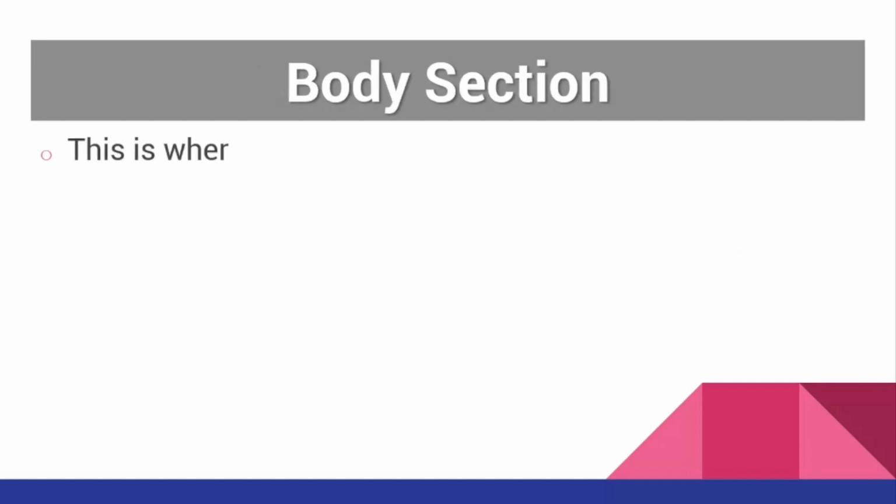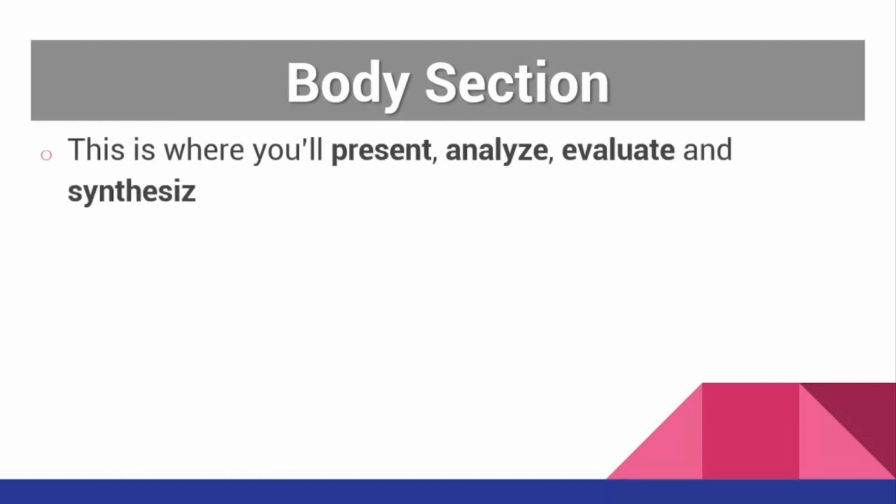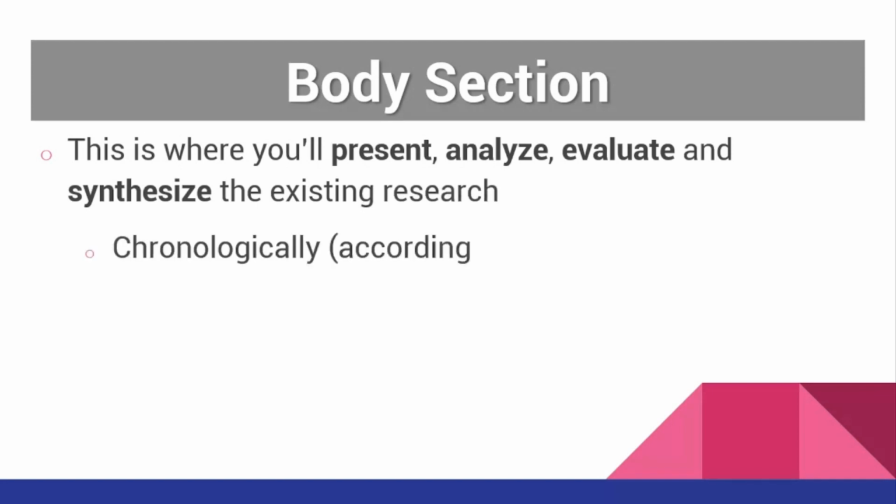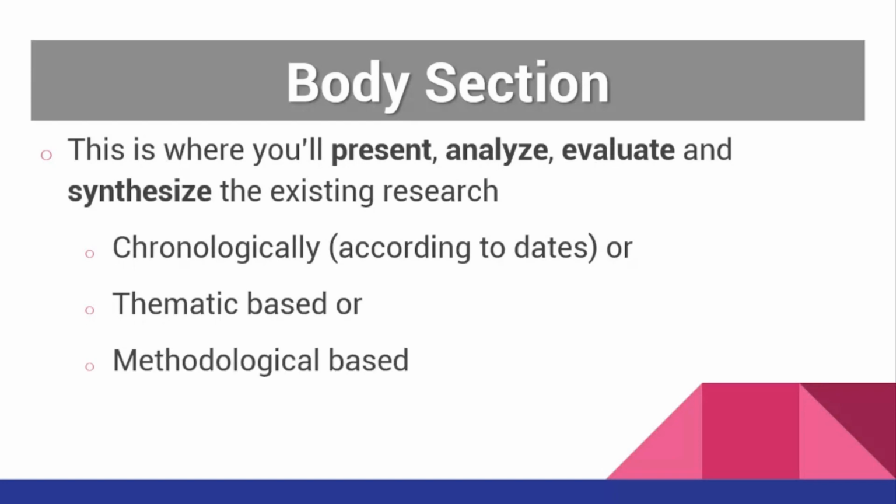Now, the second section is the body section, and this is the most important part of your literature review. This is where you are going to present, analyze, evaluate, and synthesize all the existing literature that is relevant to your topic or to your research area.